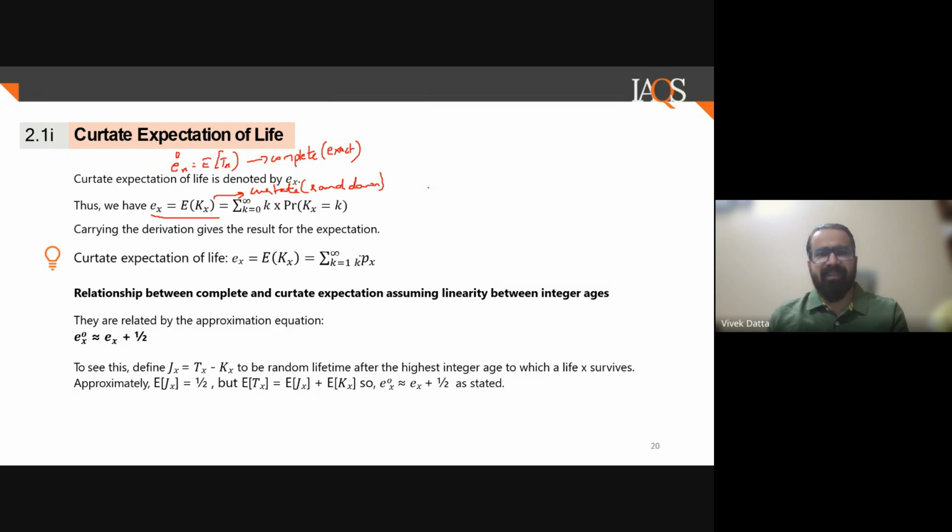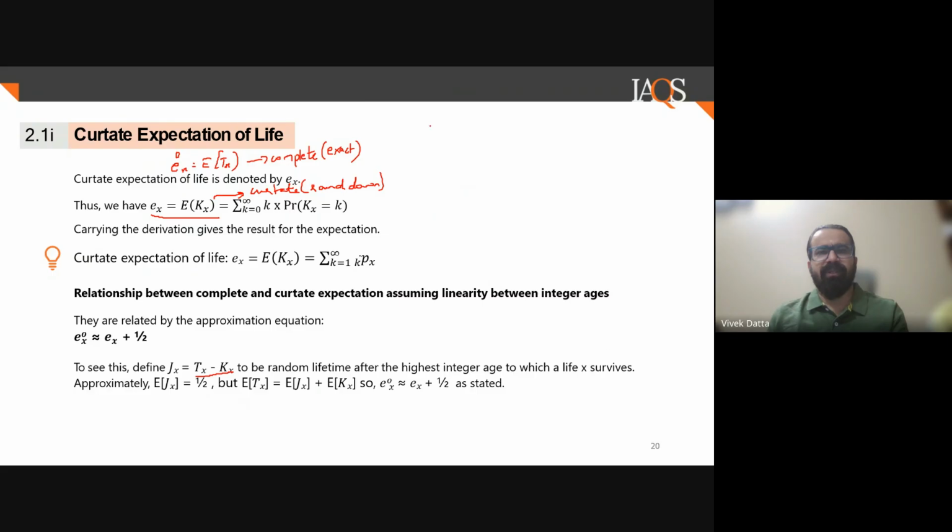Now, if I define JX to be equal to TX minus KX, and if I assume that people can die anywhere throughout the year uniformly, UDD, what does that mean?